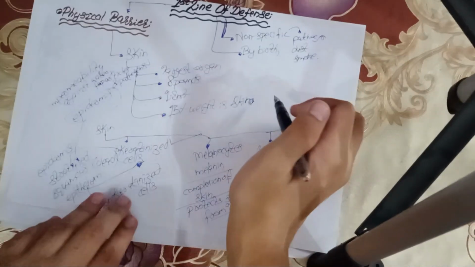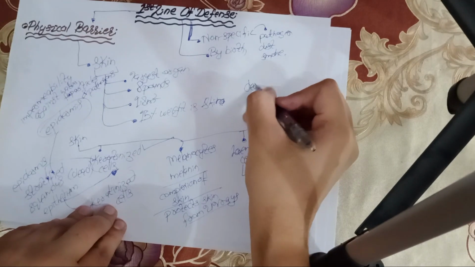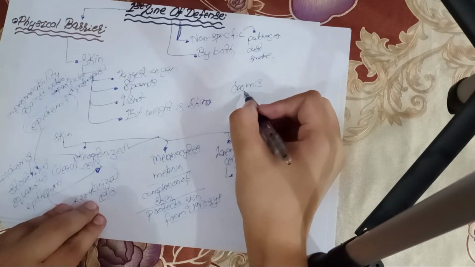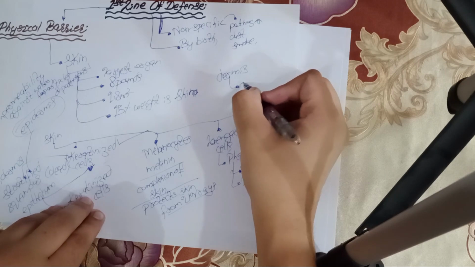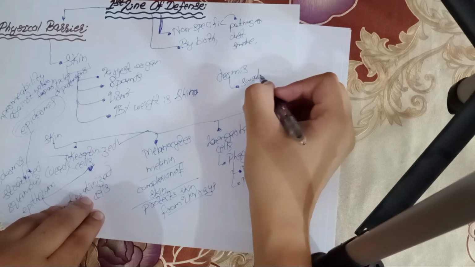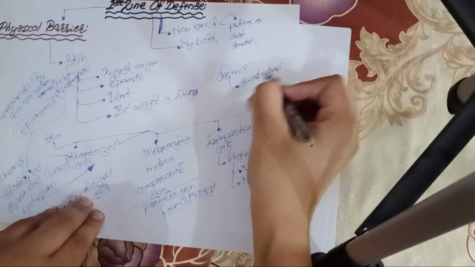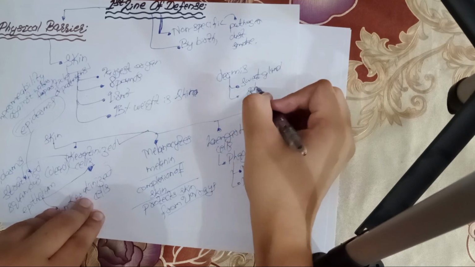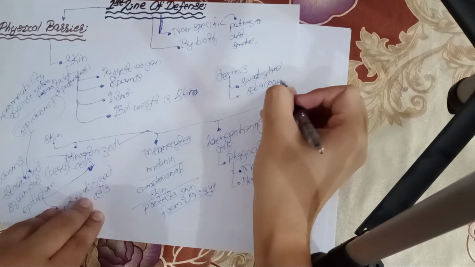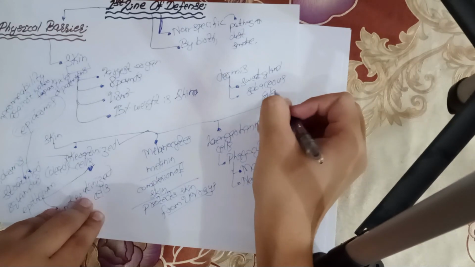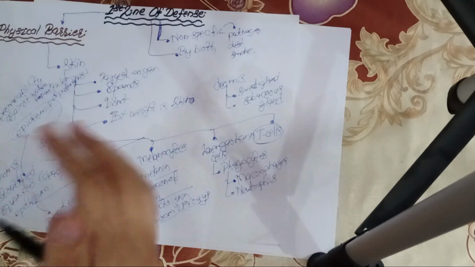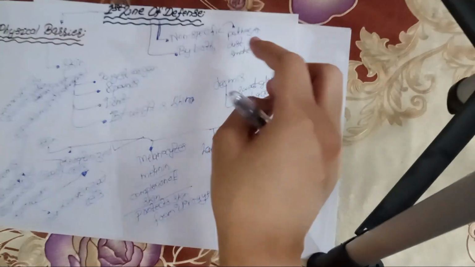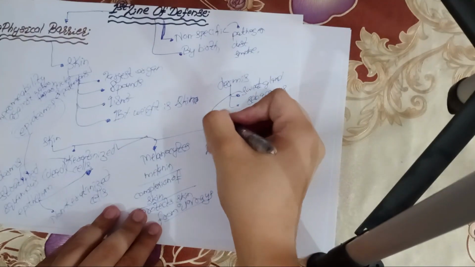And in the dermis of skin, the mid layer, we have the sweat gland and sebaceous gland. These are exocrine glands, which secrete sweat and sebum.